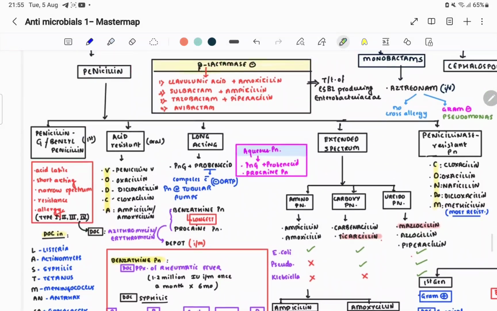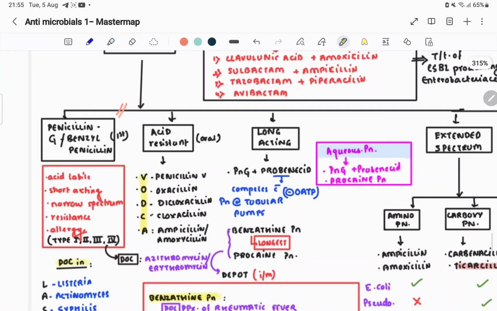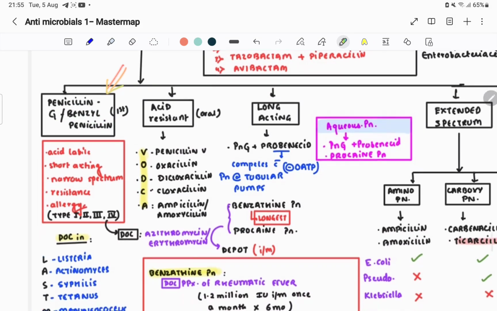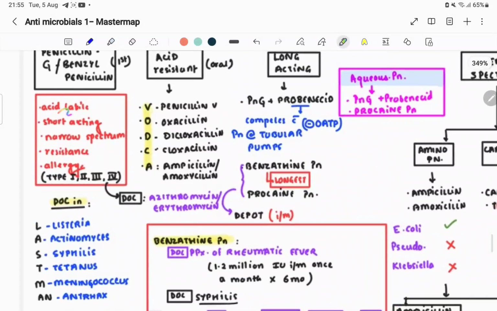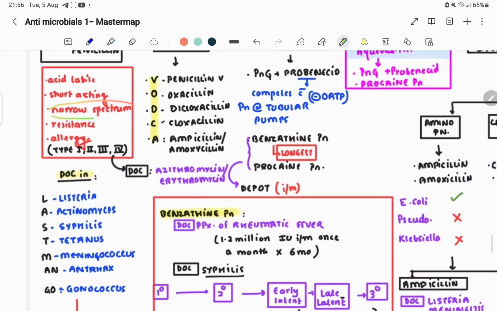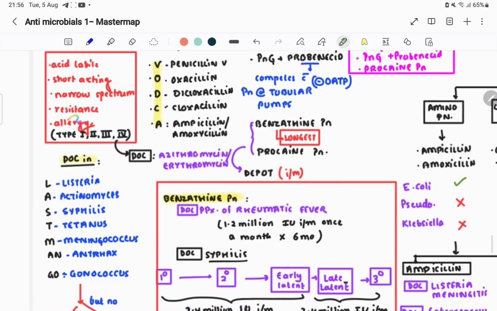Penicillin, the first developed penicillin, was penicillin G or benzyl penicillin, right? It is acid labile, that is degraded by acid, short acting, and narrow spectrum, meaning it is beneficial against some common microbes only, not all. Resistance is there and allergy is there.